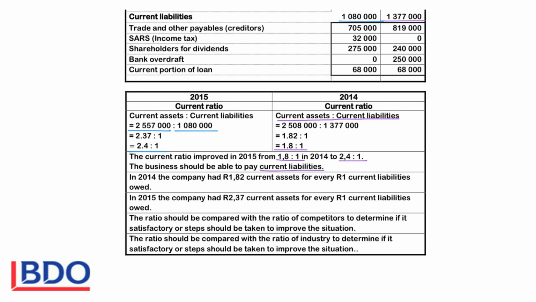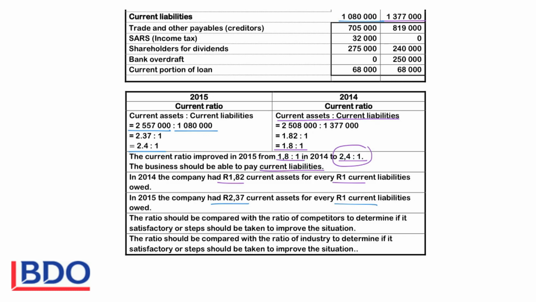But we also have to calculate the acid test ratio to see how much inventory is included in this R2.40, because that can determine that the inventory is too high and the business will not be able to pay. In 2014, the company had R1.82 current assets for every R1 current liabilities. In 2015, they had R2.37 current assets for every R1 liability.